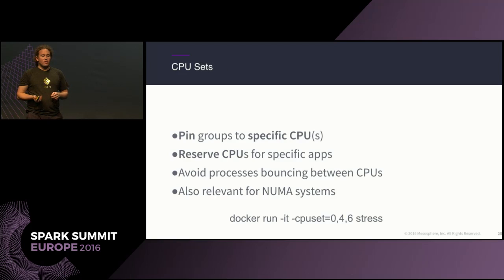There's another mechanism to limit my CPU usage, the CPU sets, and this is used to pin task process groups to specific CPUs. So it reserves this CPU for that specific app, and it can also be useful if you have NUMA-aware applications.